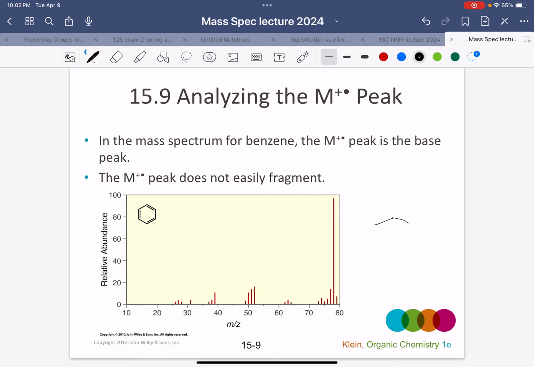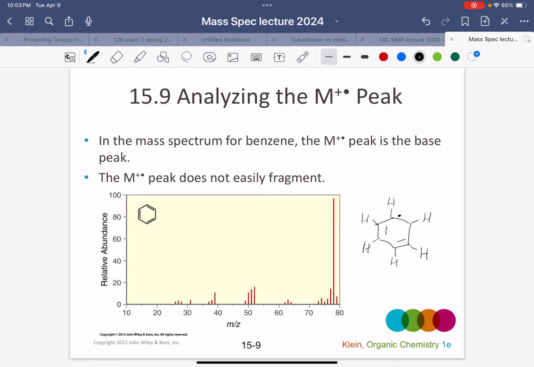So we could have our benzene ring with H, H, H, H, H, H. And maybe we've got a single electron there. So now we've got like a bond and a half there. Or maybe it's between the hydrogen and the benzene.